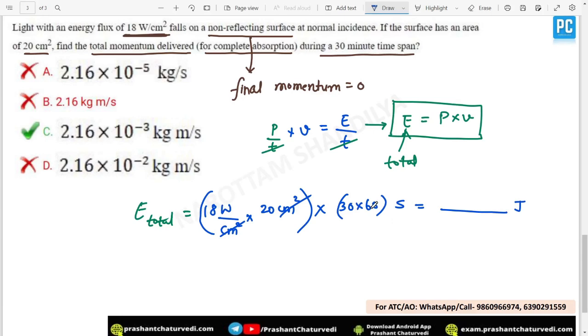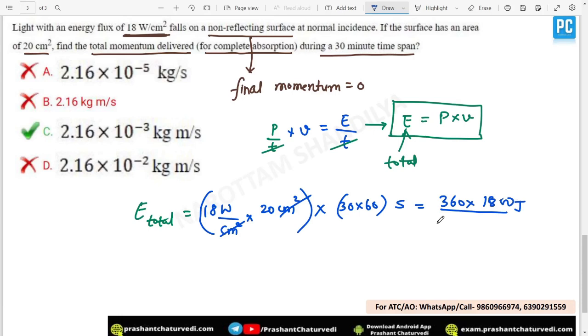So this will be 6 into 3, 18 into 2, 36 into... I had made some mistake. This is 18 into 20. This will be 360 into 1800. So directly you can calculate the whole energy.